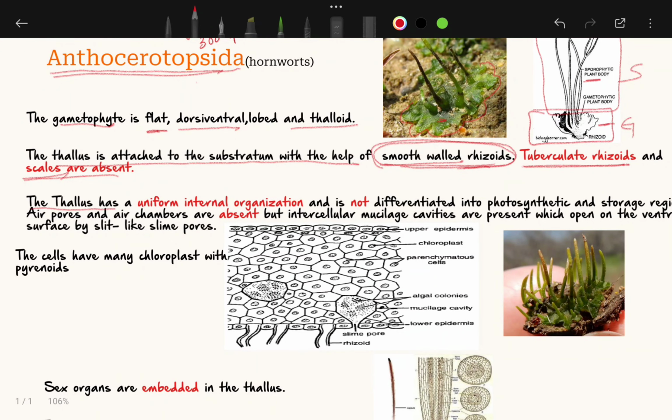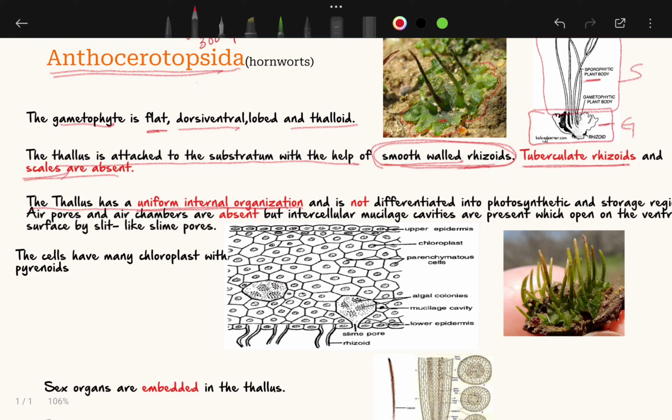And then the thallus has a uniform internal organization. In liverworts, the thallus has both simple as well as complex forms, right? But in Anthocerotopsida, it has a uniform internal organization.